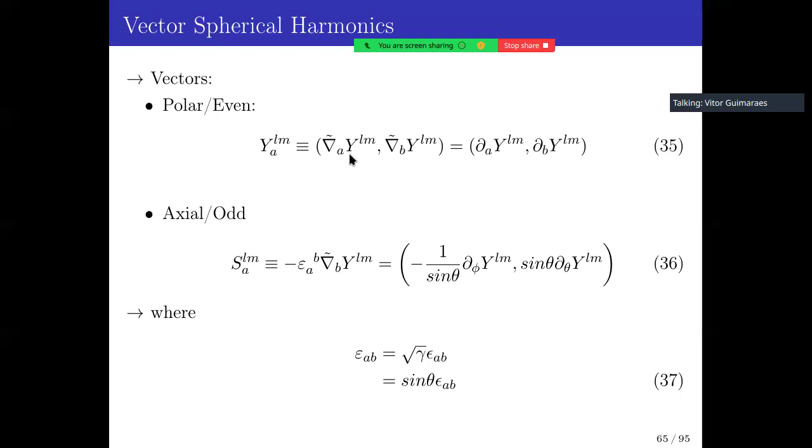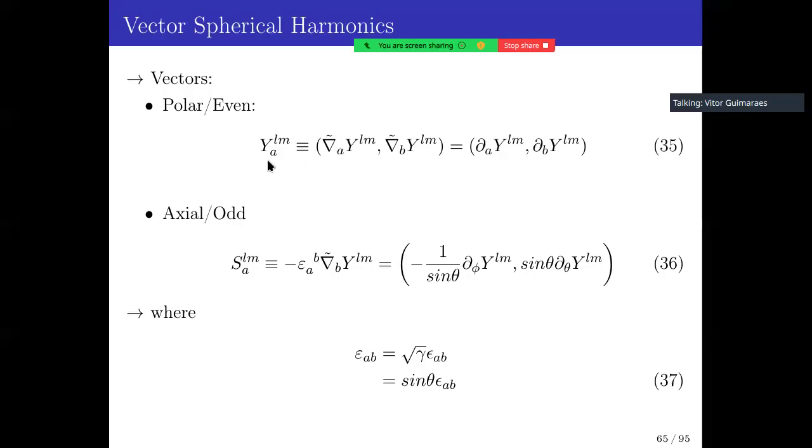So we have a covariant derivative with respect to a given coordinate, right? And we have a covariant derivative with respect to the other component here, right? This should be theta and phi, right? I guess I made a mistake here also. I'm going to correct them before I send it to you guys.